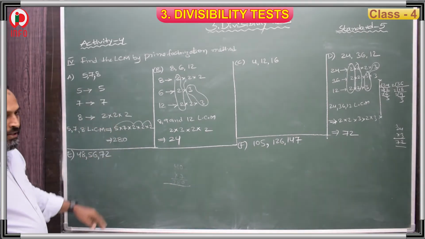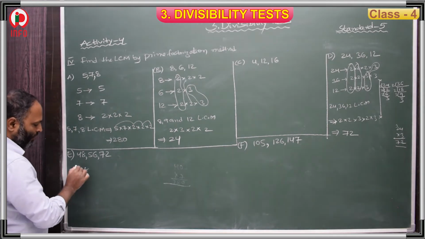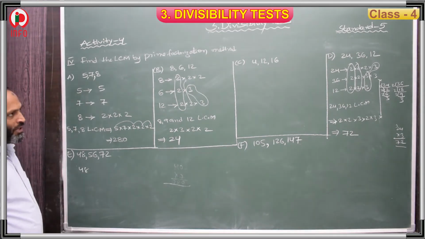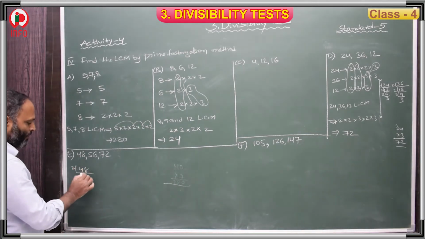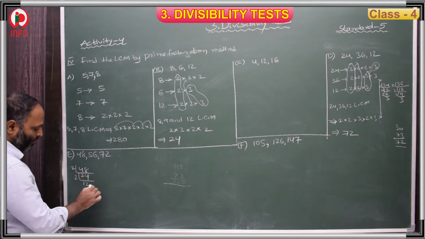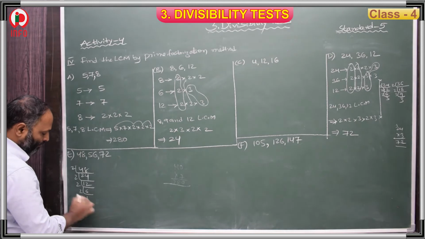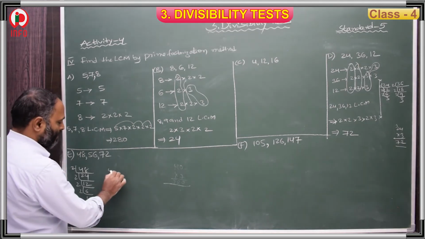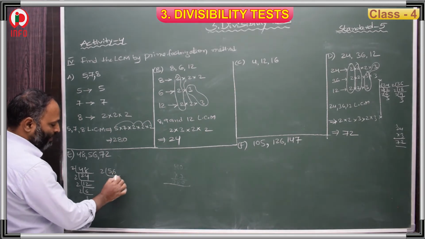Now, here: 48, 56, 72 LCM by the prime factorization method. 48, how to write it? It is a big number, no? It is better you go for division, like 2: 2 twos are 4, 2 fours are 8, 2 ones, 2 twos, 2 sixes, 2 threes. Then 56: 2 twos are 4, 1 is left, 2 eights are 16.